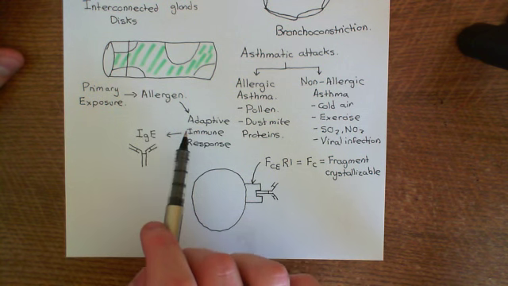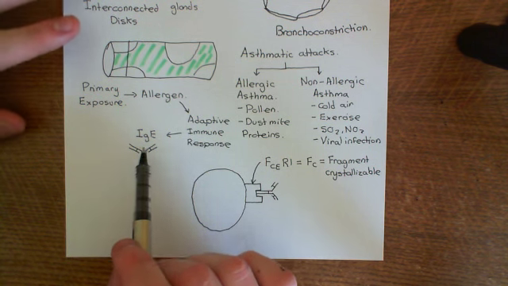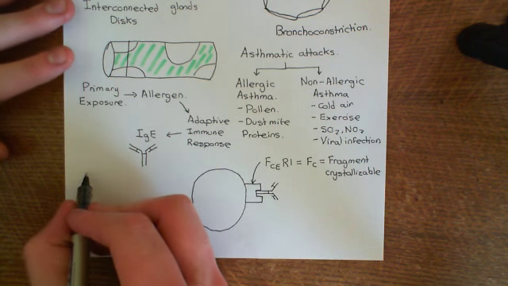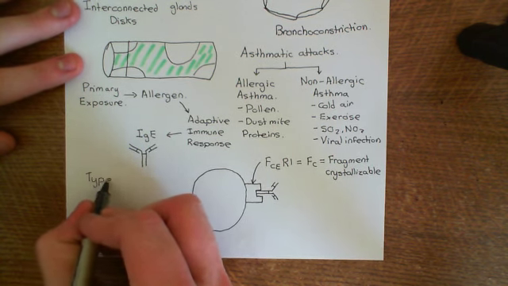Okay, you then initiate a humoral adaptive immune response against this allergen, and this ends up producing immunoglobulin E. Okay, so this is what's known as a type 1 hypersensitivity reaction.